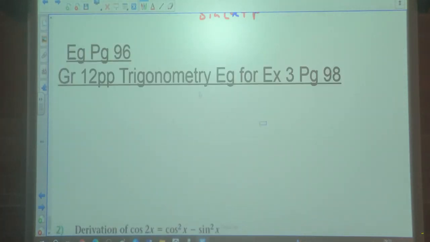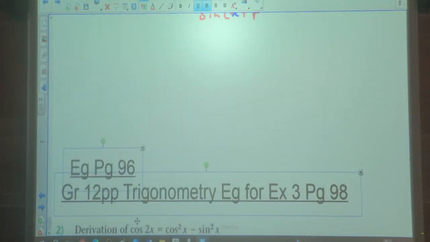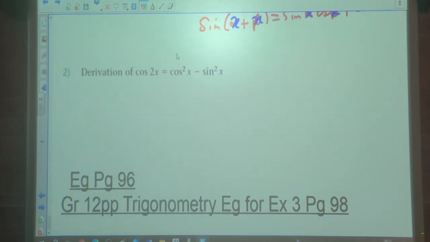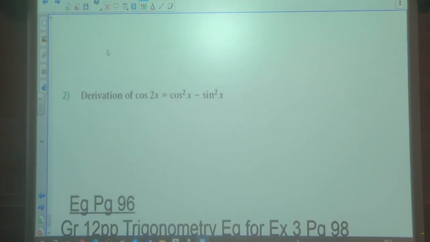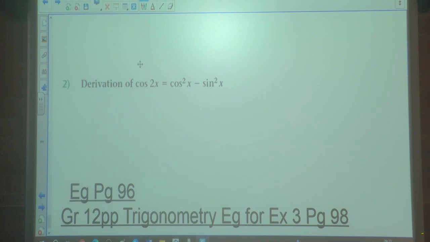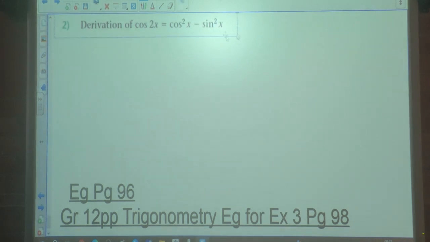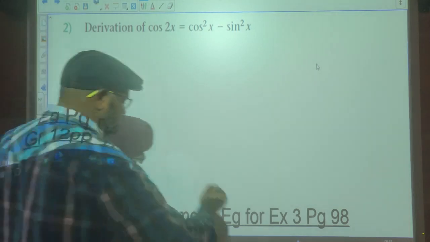Alright, let's look at the next one. The derivation of cos 2x equals cos squared x minus sine squared x.